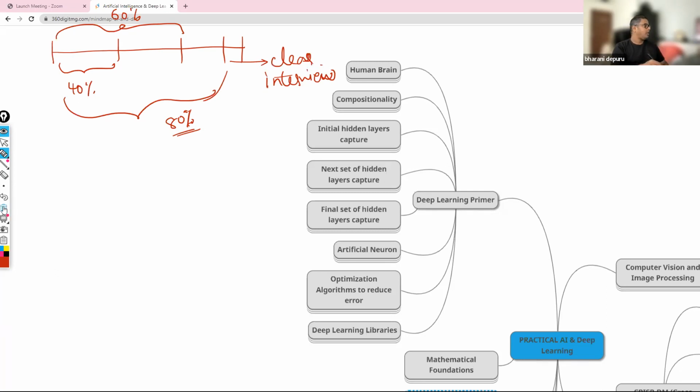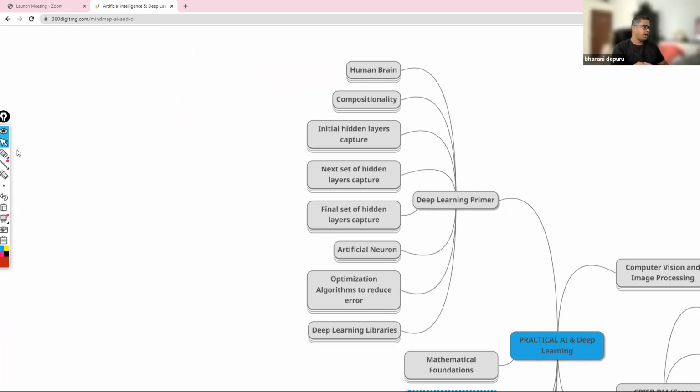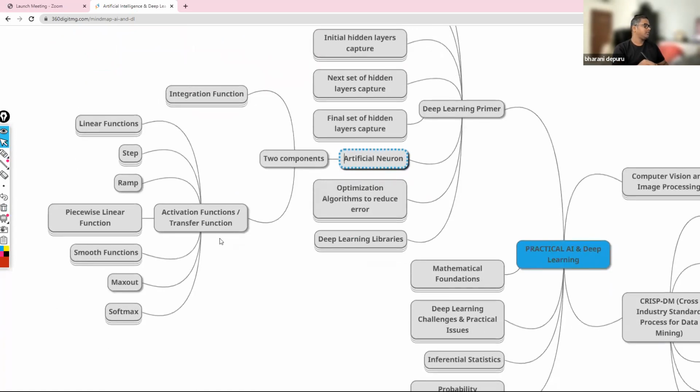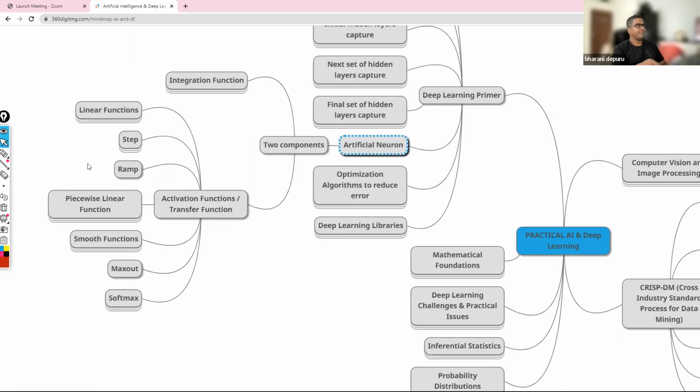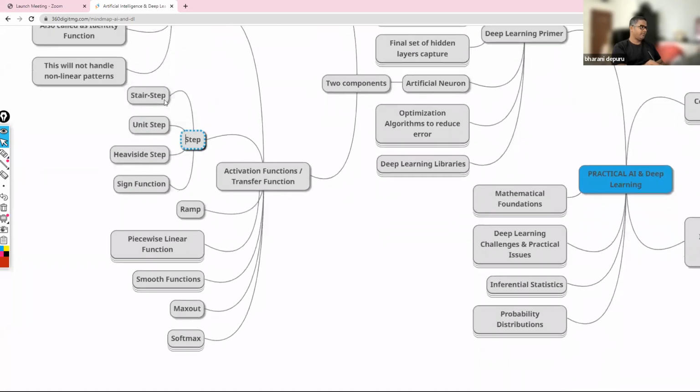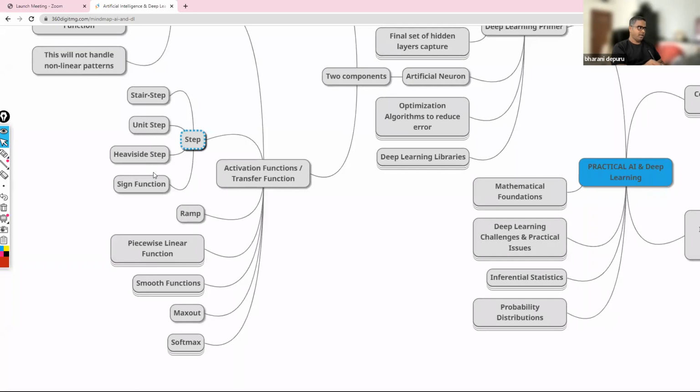Now also make use of the mind map without fail. When it comes to activation functions, you have everything listed down. What is the linear function? Output continuous, use this. It is also called identity. Then you have step functions: unit step, Heaviside step, sign function.